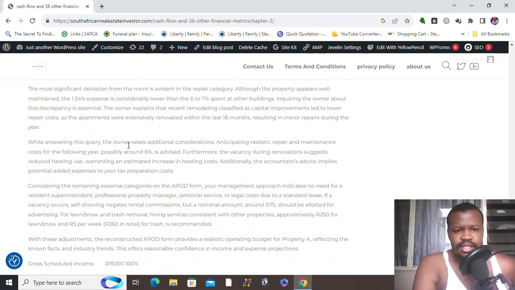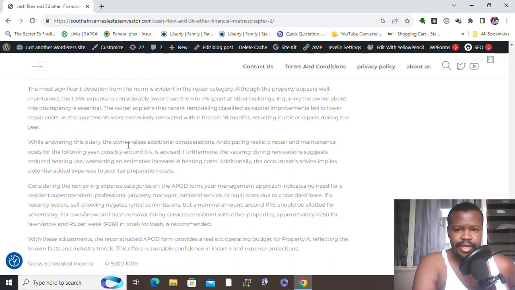The owner explains that the recent remodeling, with the expenditure classified as capital improvements, led to lower repair costs, as apartments were extensively renovated within the last 18 months, resulting in minor repairs during the year. While answering this query, the owner raises additional considerations.